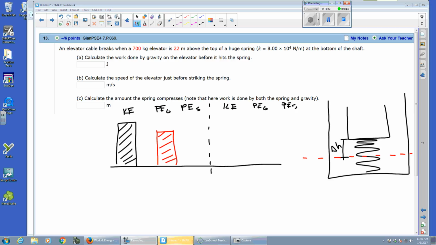Since the energy has to be conserved, we don't have any spring energy yet, but afterwards both of these have to combine, and that's how much spring energy we end up having.